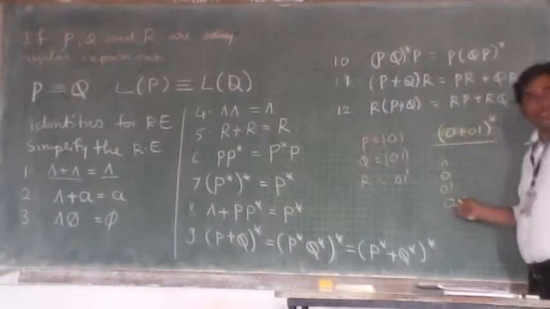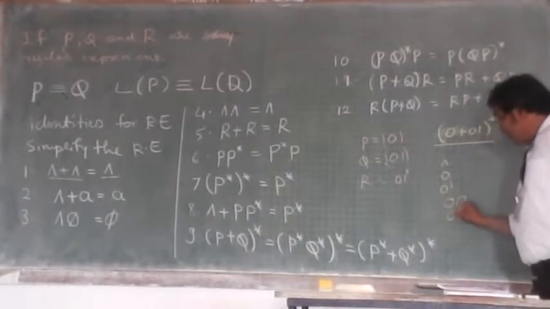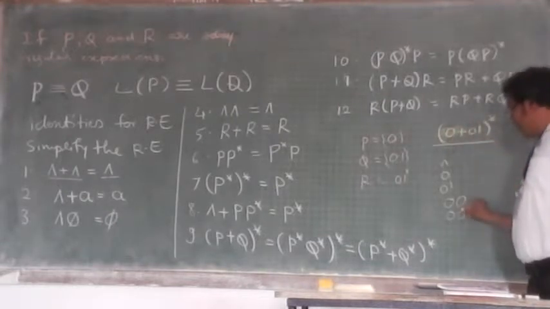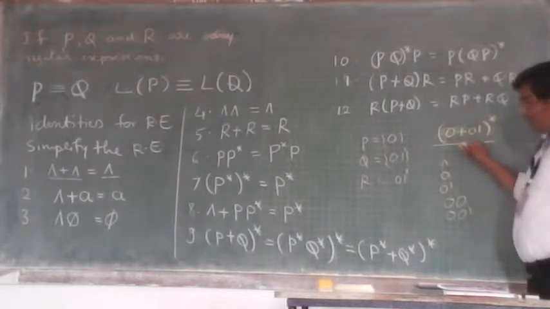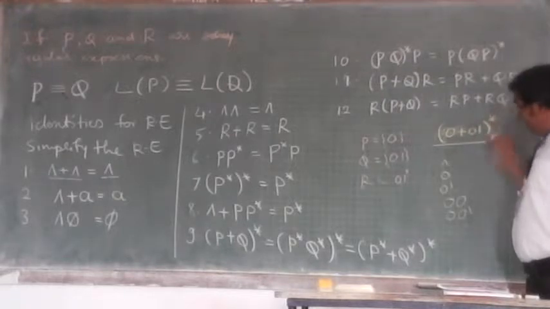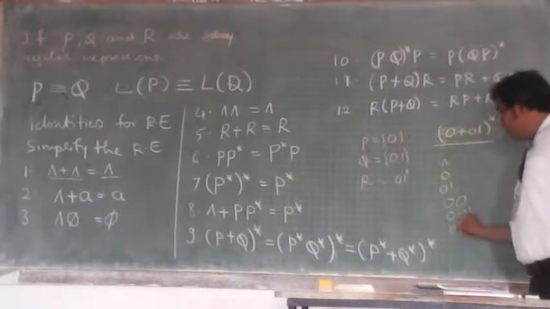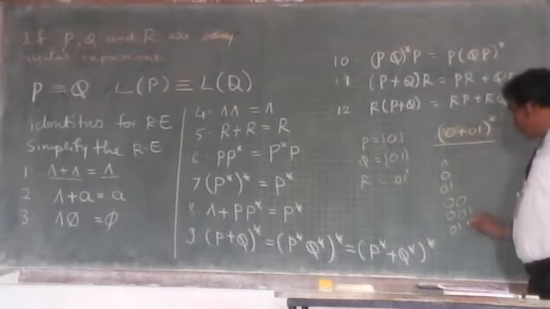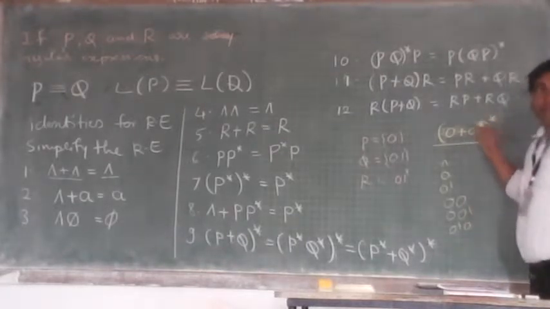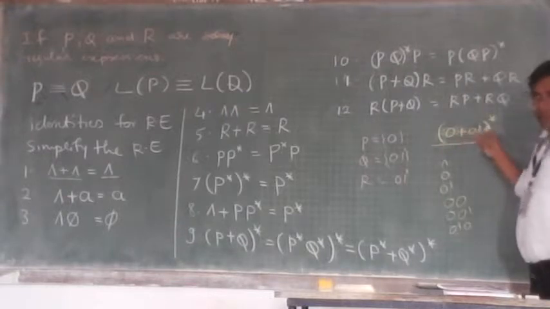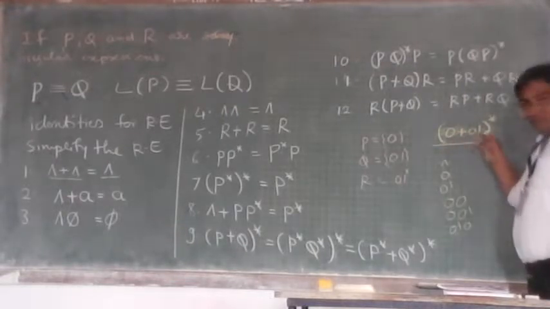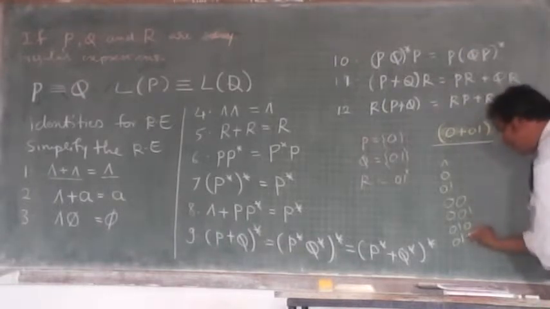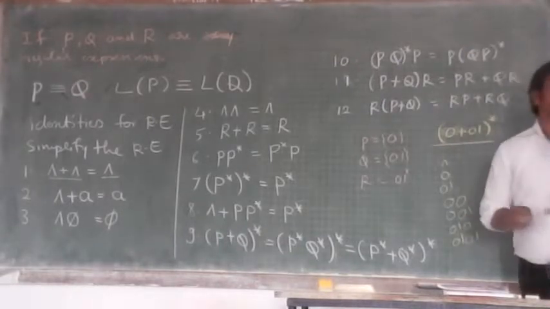This is one case. In another case, in the first attempt I consider 0 and in the second attempt 01. In the third case, in the first attempt I consider 01 and in the second attempt 0. In the fourth case, I select 01 in the first attempt and again 01 in the second attempt.